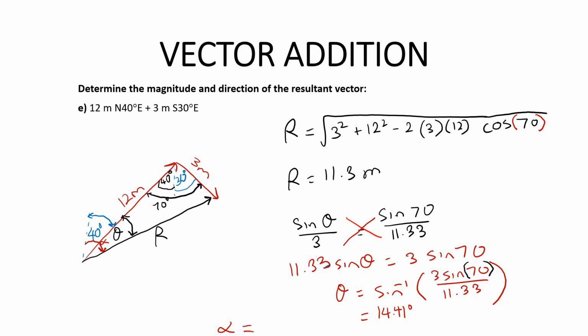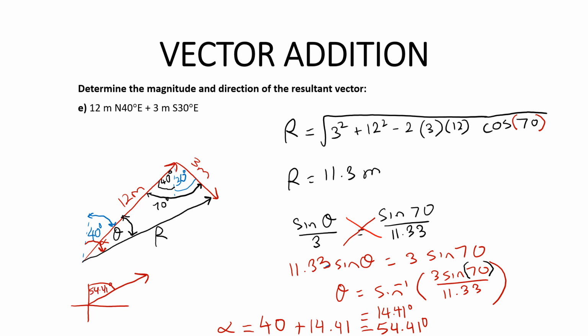So 40 degrees plus 14.41, we get 54.41 degrees. Okay, so now if I draw my compass, this is my resultant. This angle here is 54.41.